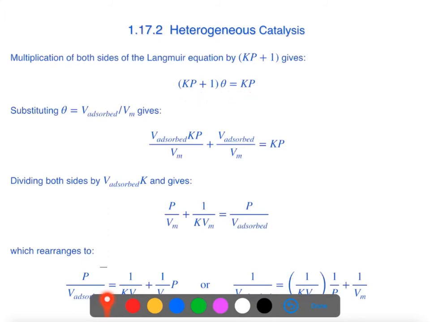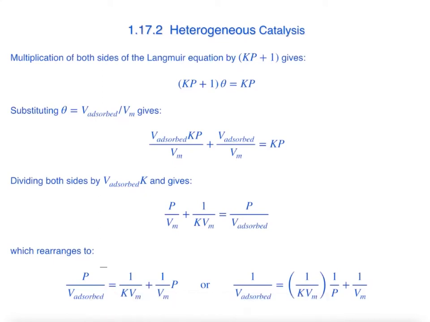If we substitute theta with V adsorbed over Vm, we have this expression. And now if we divide both sides by the product of V adsorbed and the equilibrium constant, we end up with this expression. Then we can rearrange this expression into 2 final forms, which give us linearized equations of the Langmuir equation.